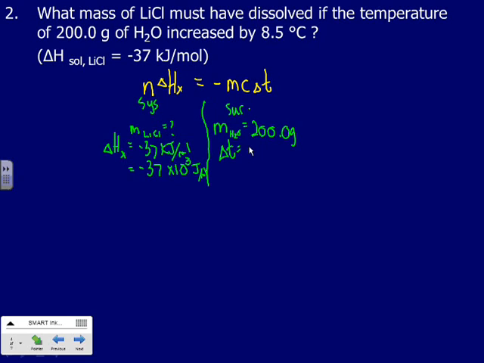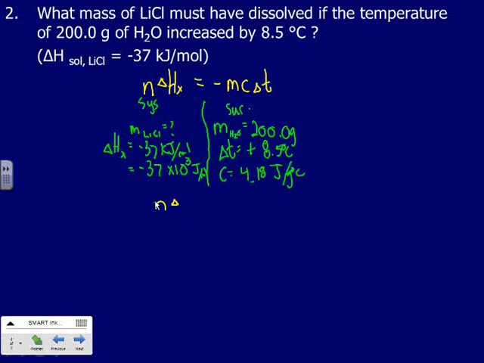So in this case, we don't need T2 and T1. We have a temperature change of plus 8.5 degrees Celsius. All right? C, we know that as 4.18. Again, joules per gram degree Celsius. So that's why I needed to convert this into joules, because this is in joules. So the unknown here is moles, and once we get moles, we can get the mass.